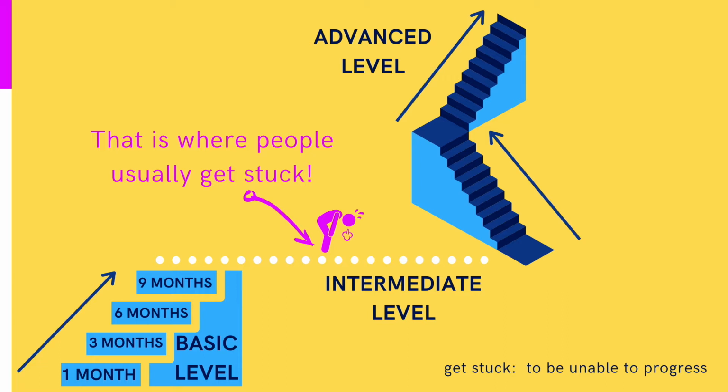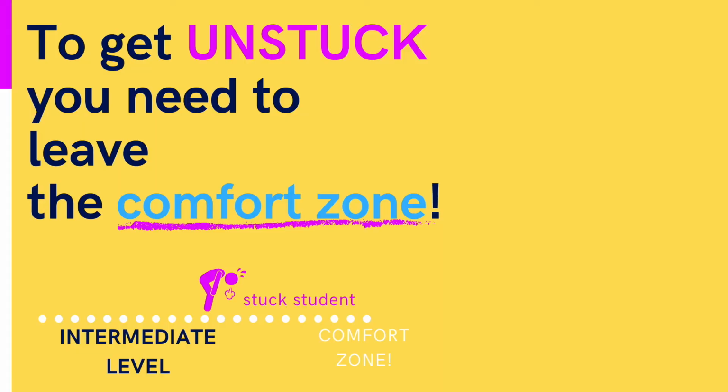Wow, I am able to write sentences. Wow, I am able to speak. I am able to understand. So you get amazed because you are now on the intermediate level, right? So then you get to the intermediate level and you are stuck. So what can you do to make progress now?